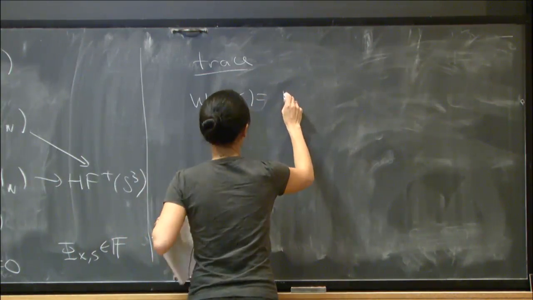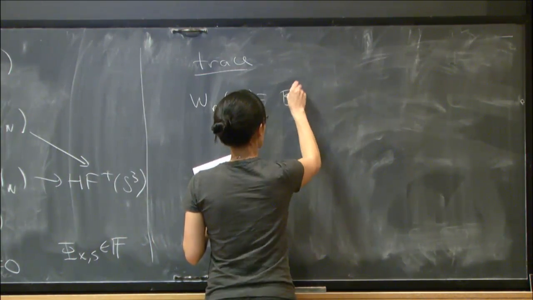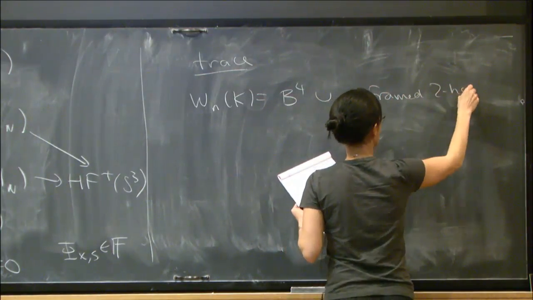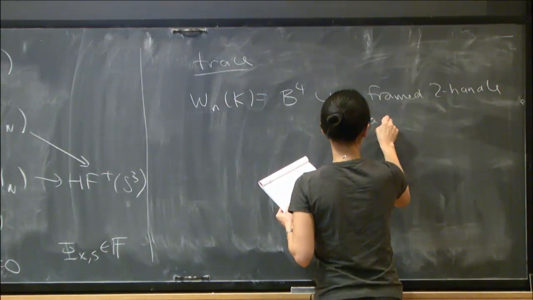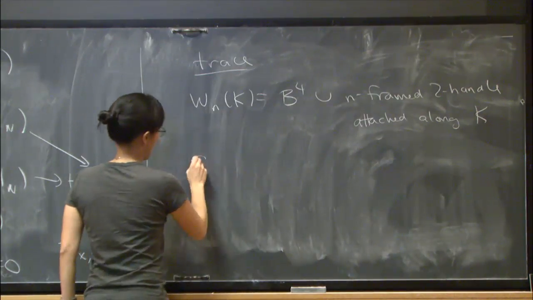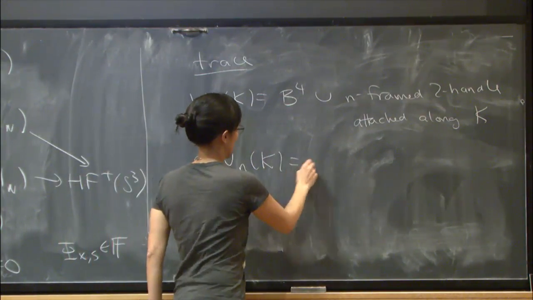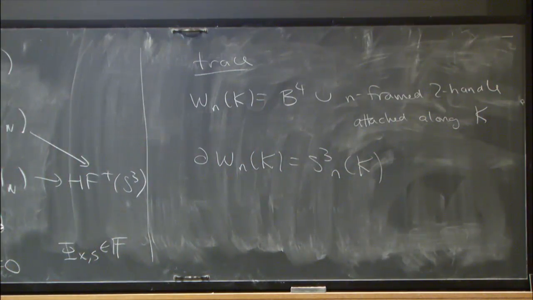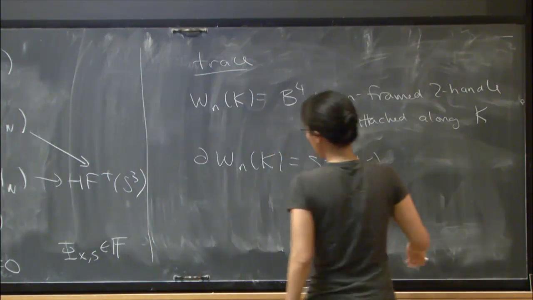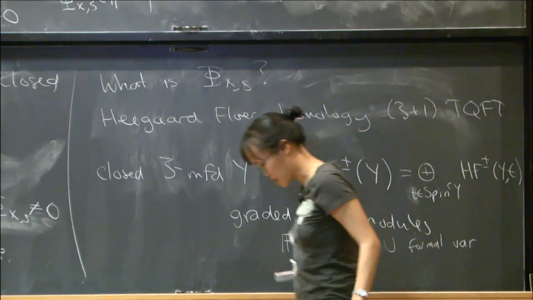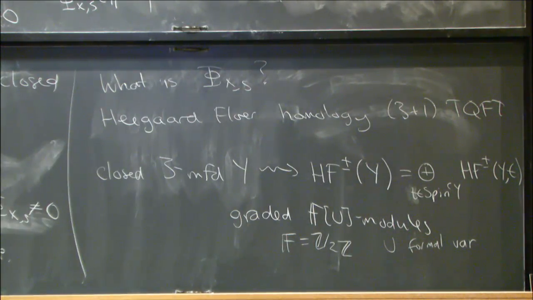This is just a four-ball union an n-framed two-handle attached along K. And the boundary of this is n surgery along K. The proof of our theorem relies on a technical proposition in terms of the cobordism map associated to the trace of surgery.